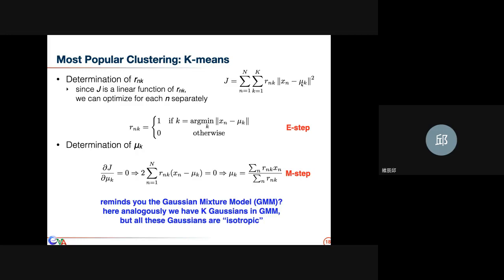Given a center, this center can be treated as the mean of a Gaussian, and I expect all the data points to have minimal distance to their corresponding centers. So this Gaussian basically follows an isotropic Gaussian, okay?